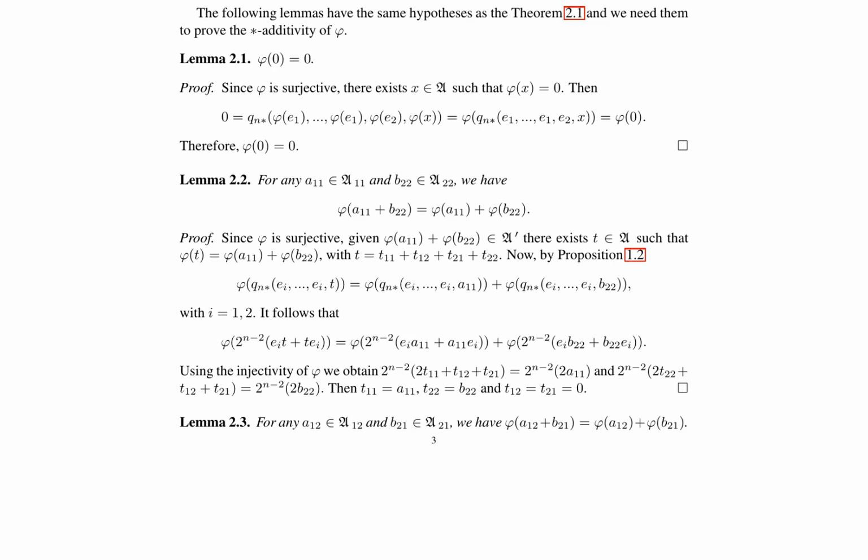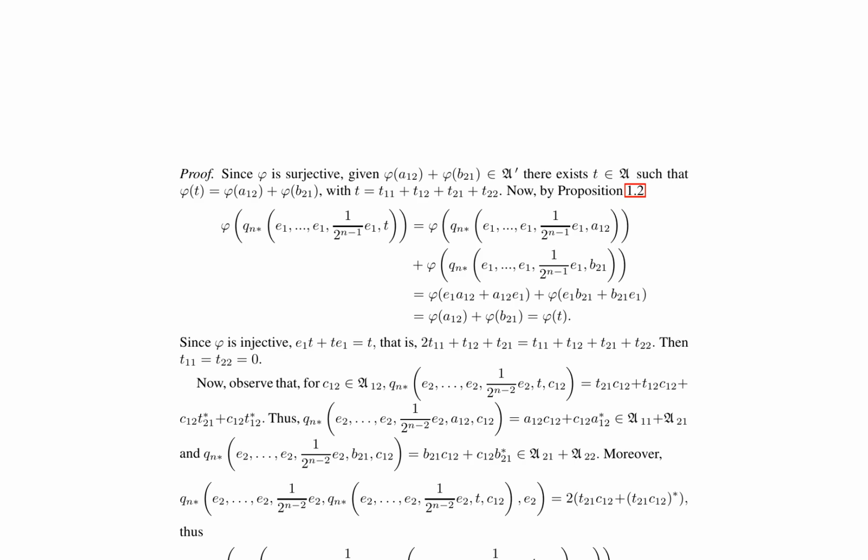Lemma 2.3 demonstrates that phi(A12 + B21) equals phi(A12) + phi(B21), for any A12 in A12 and B21 in A21, again using the injectivity of phi and proposition 1.2.